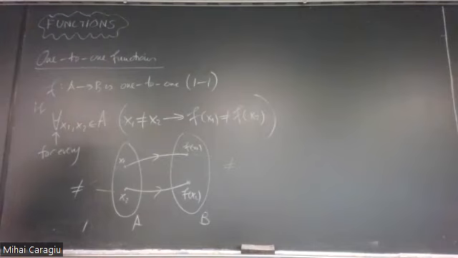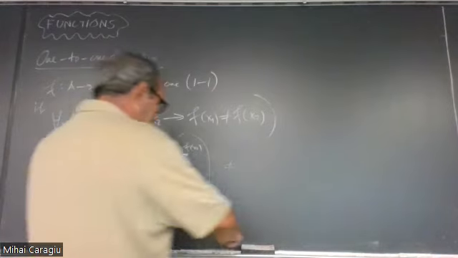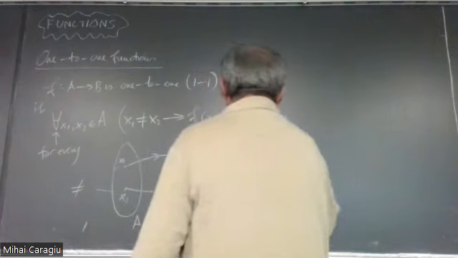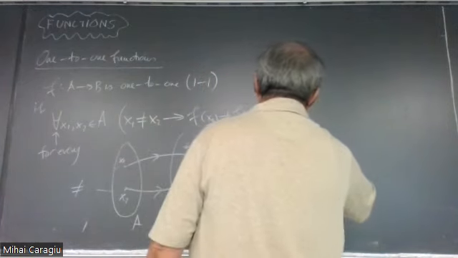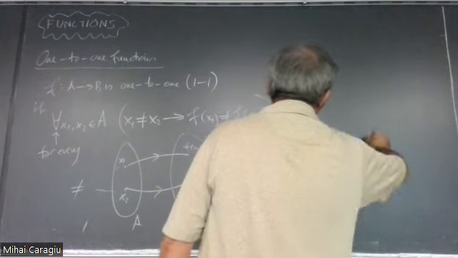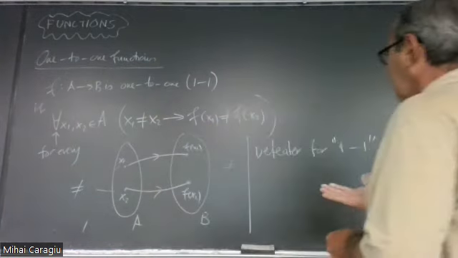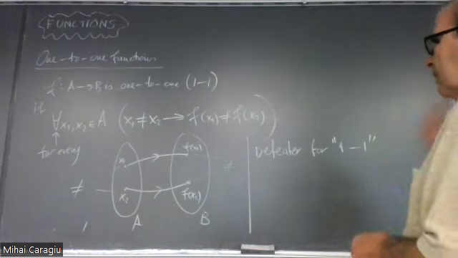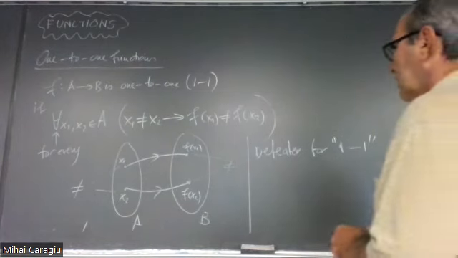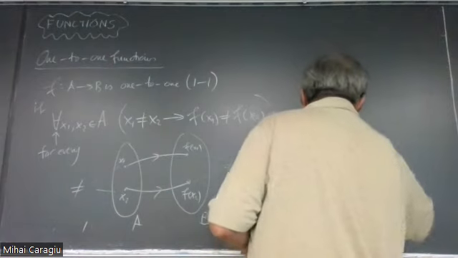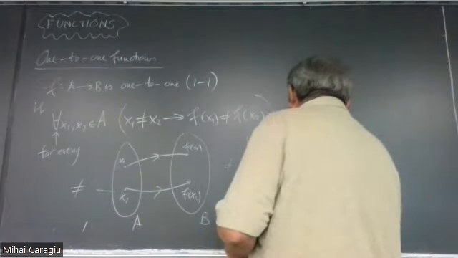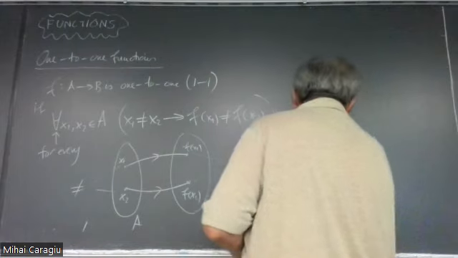So what is the counterexample? What should not happen so that the function is one-to-one? So let's do a defeater for one-to-one in a sense. In the sense that if we see this defeater, the function is not one-to-one. If you don't see this defeater, the function is one-to-one, if it's a function, right? So let's see. This is A, this is B. A defeater will be something like this.